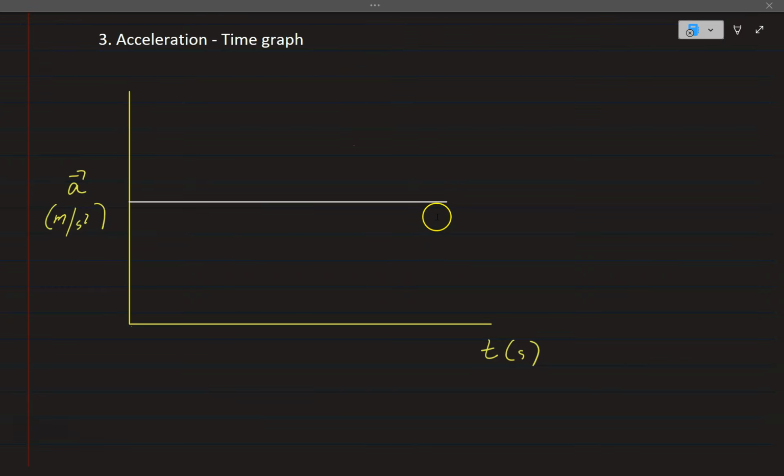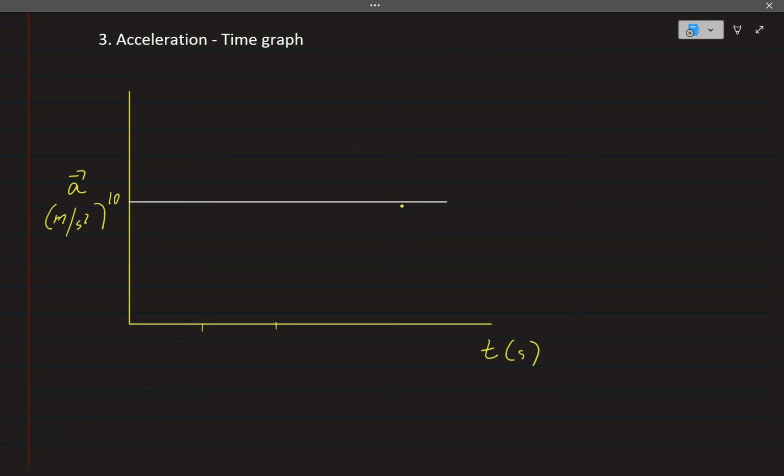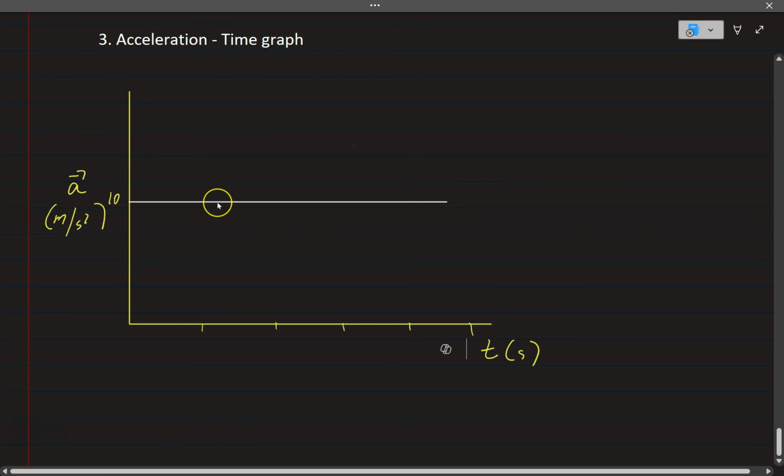It's not changing, whatever it is. Let's say this one is 10, and the unit is meters per second squared, and it's going to go on for whatever time interval we set it up to be. This straight line tells you that the acceleration is not changing, and the slope of that is 0. That means there's no change in acceleration, it's constant.